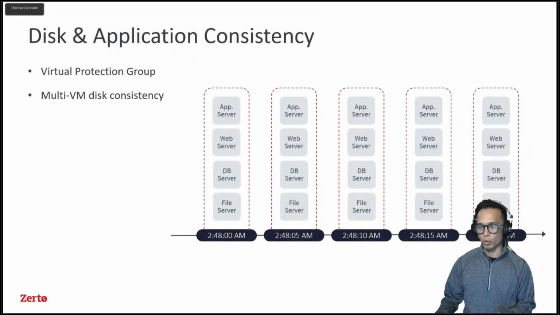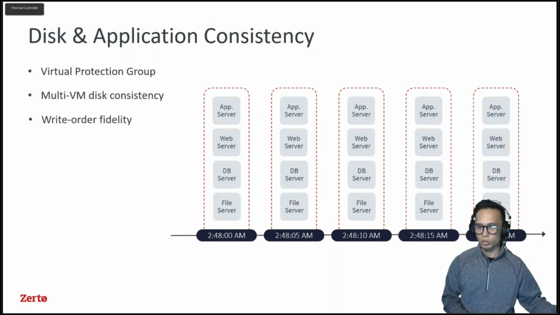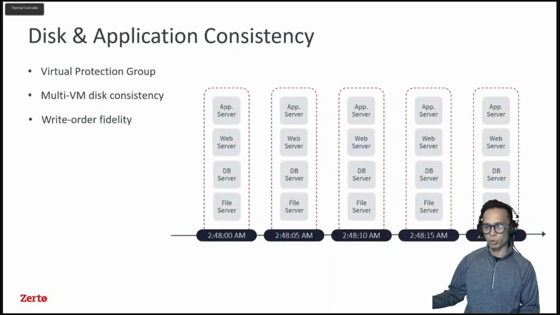If you look at the graphic here and those timestamps, when you bring up an application on the other end, your file server, your database server, your web server, your app server, all those systems that make up that application are going to be consistent to that point in time with write order fidelity, which means the order the data was written in production is the exact same order we write it on the recovery side. So we're not missing anything.